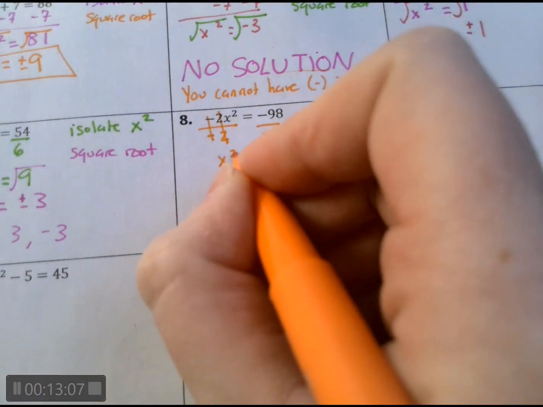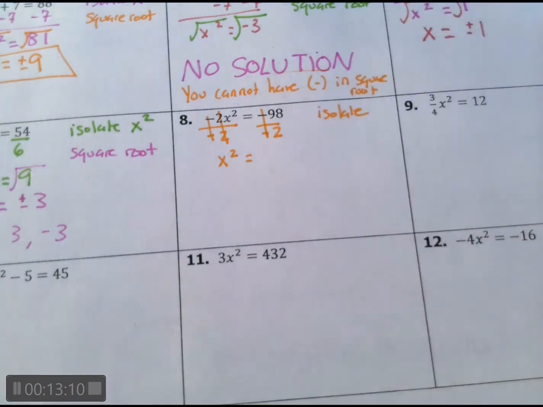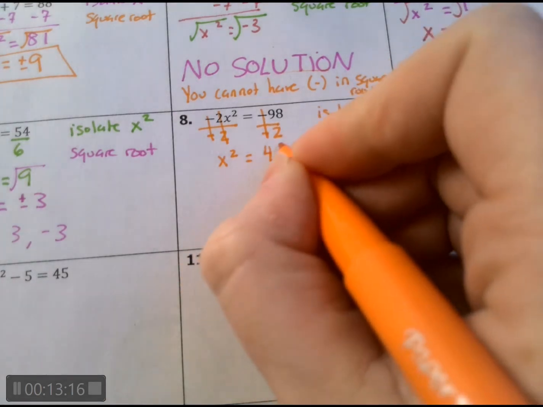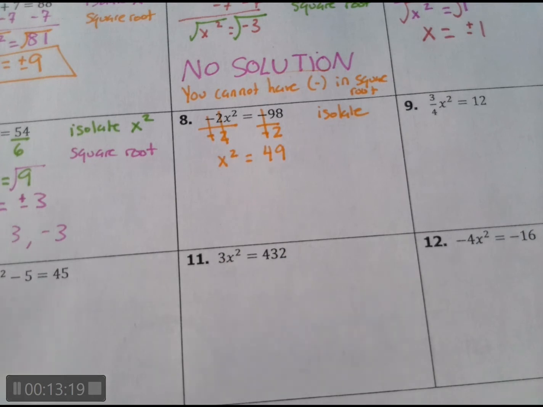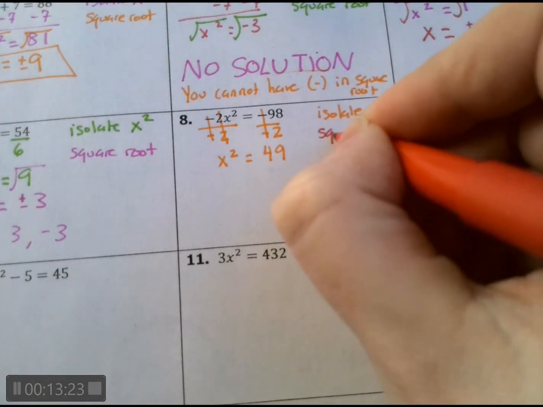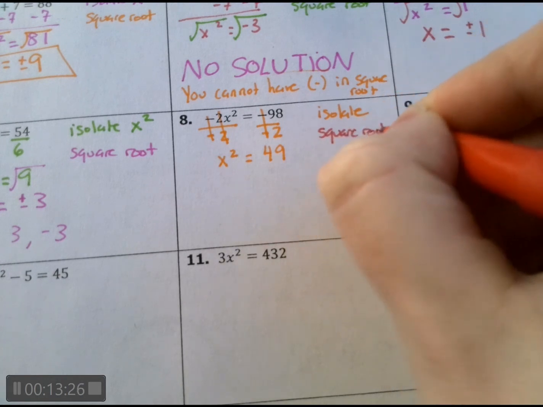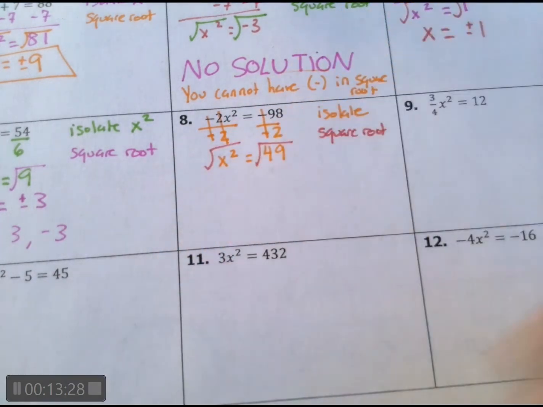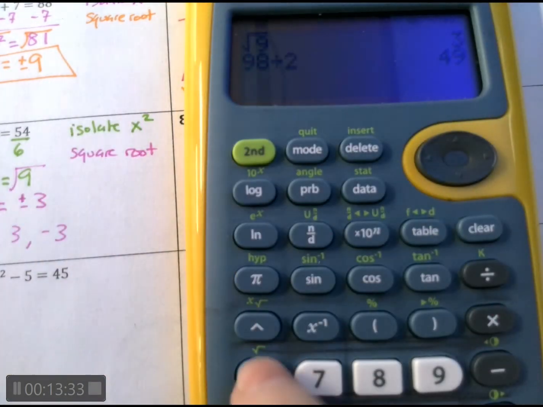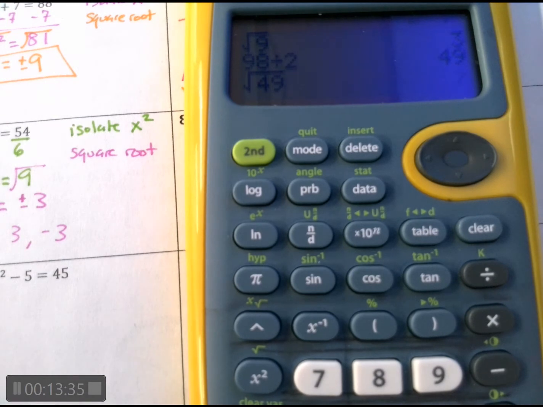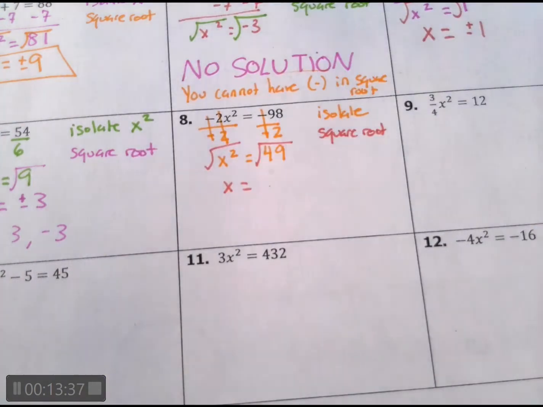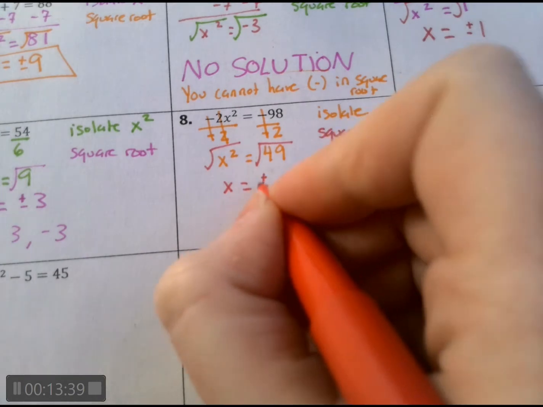So we get x squared equals, it's going to cancel out the negative, and 98 divided by 2 is going to give us 49. So then we need to take the square root. And we get x equals, take the square root of 49, and you get 7. You get plus or minus 7.